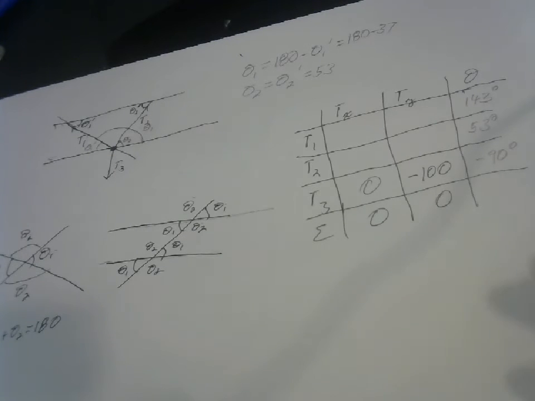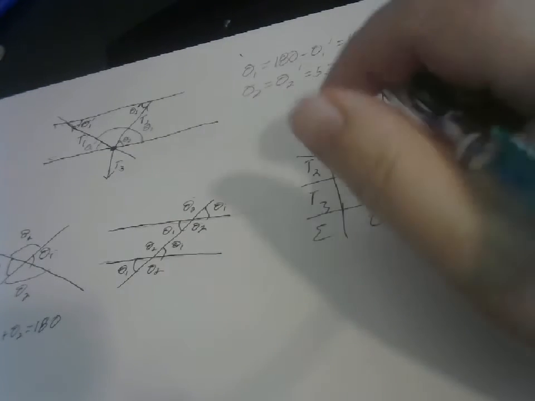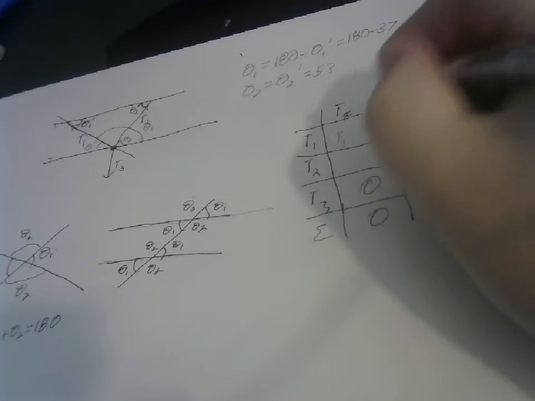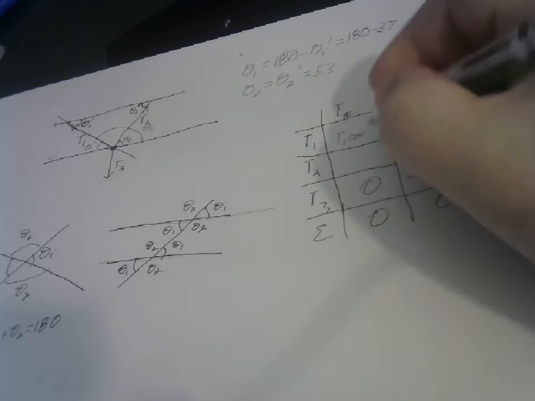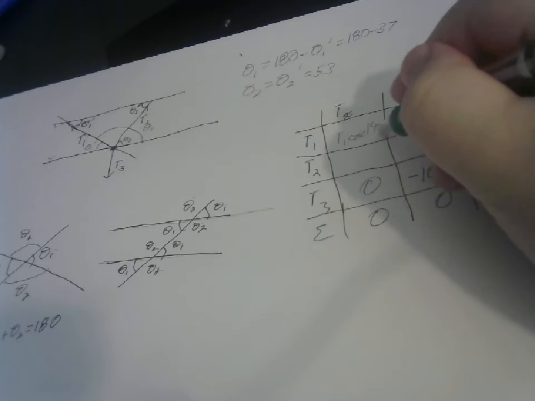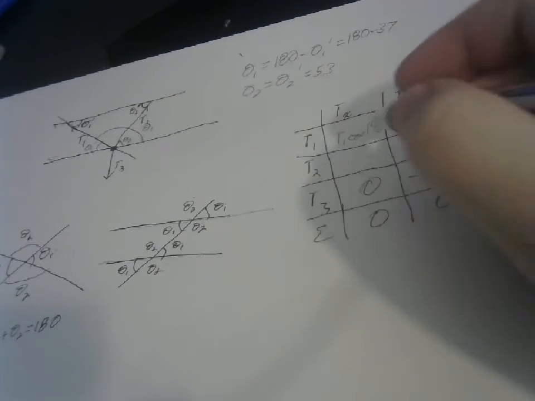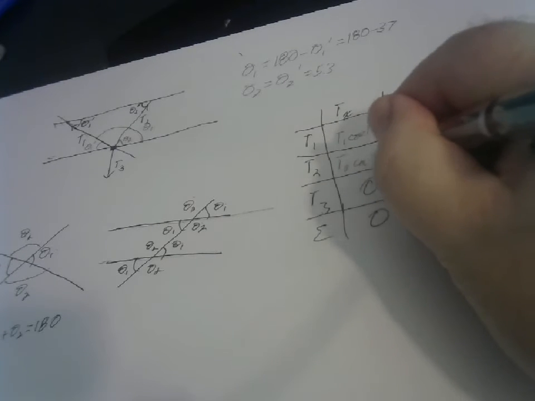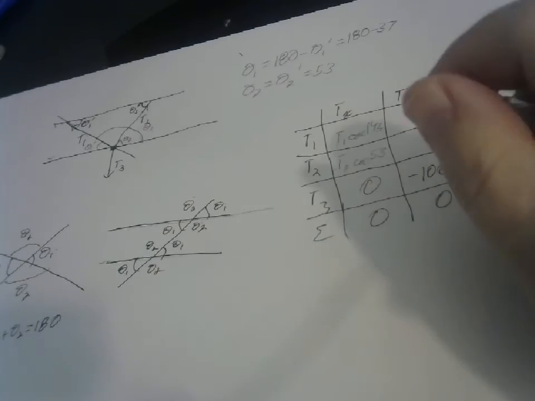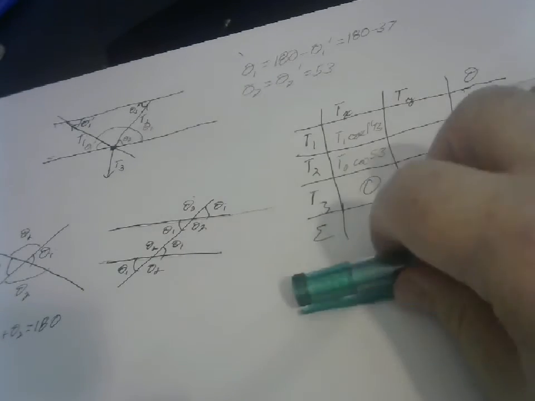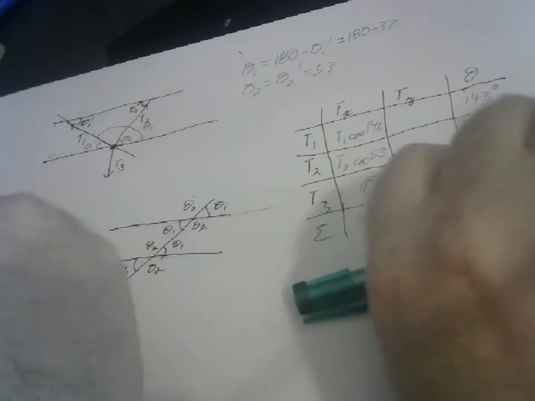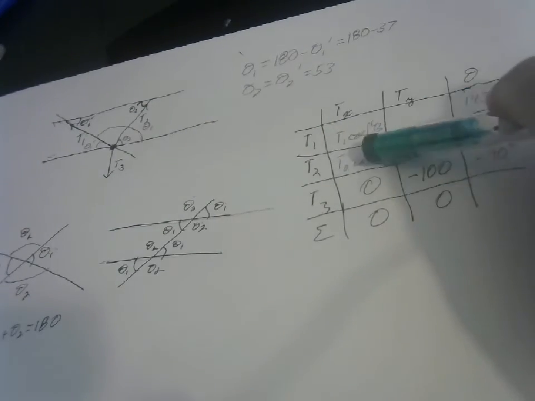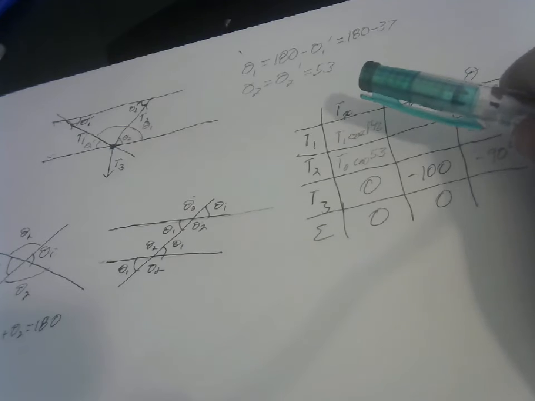So T1, its x component is T1 times cosine of 143. T2, its x component is T2 times the cosine of 53. So those two wires are pulling apart from each other, and these have to be equal to each other.